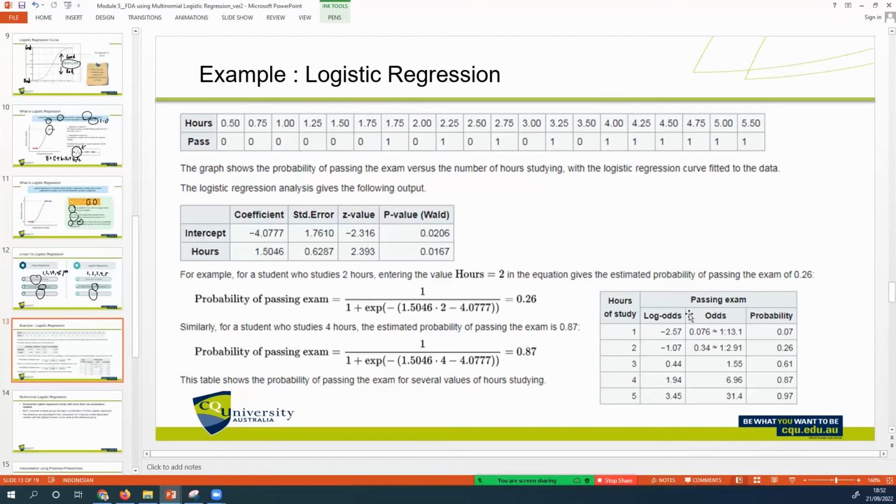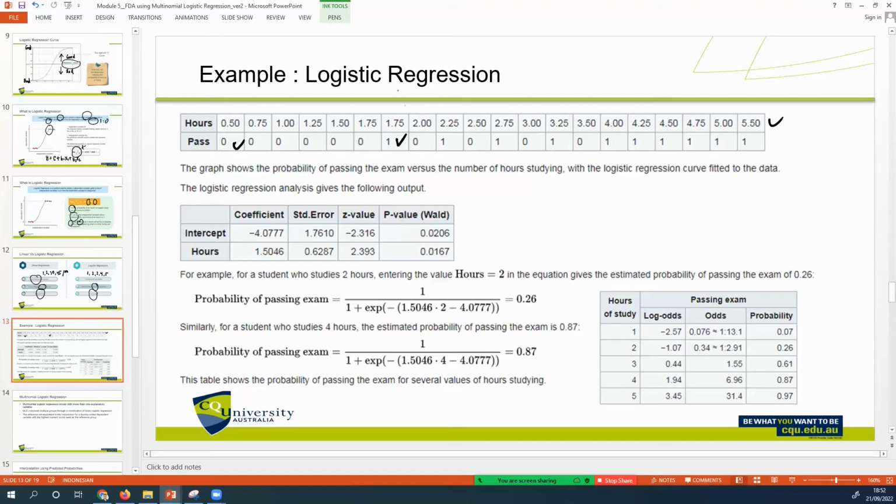So in logistic regression, if this is the hours of studying, and this is the exam result, pass or fail. 0 is fail, 1 is pass. We've done the demo before.